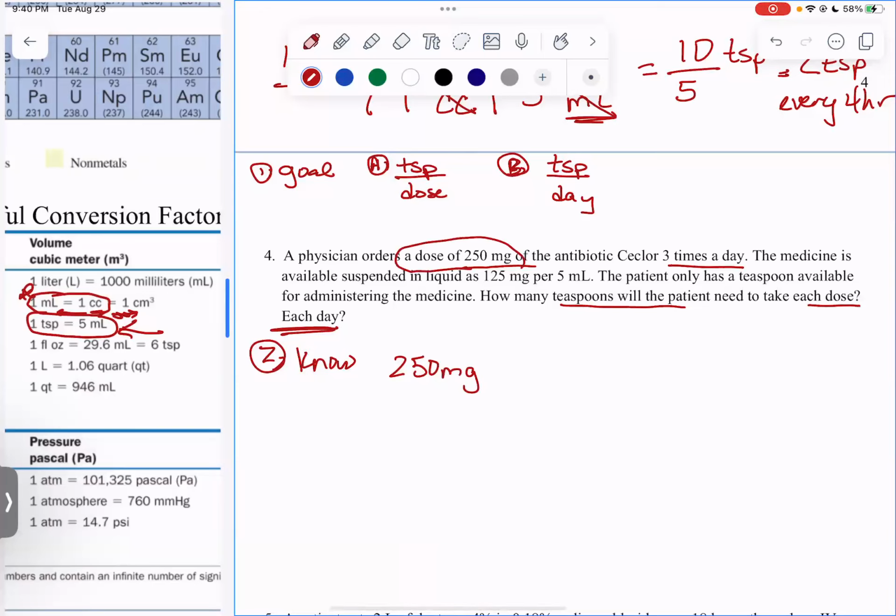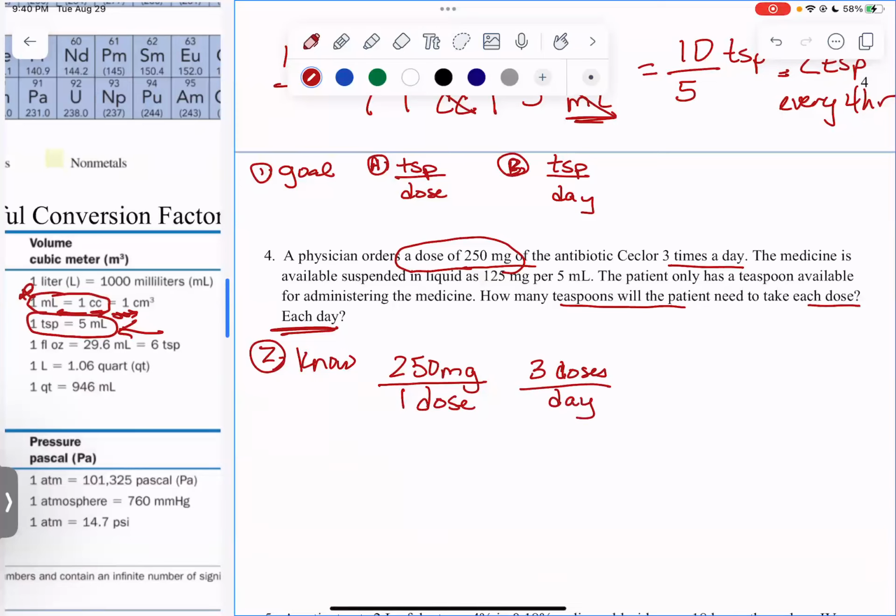So it orders a dose of 250 milligrams. So we could say that's 250 milligrams per one dose. Okay. Now, how often are we going to give this person the medicine? Well, we're going to give them the medicine 3 times a day, or 3 doses per day, right?